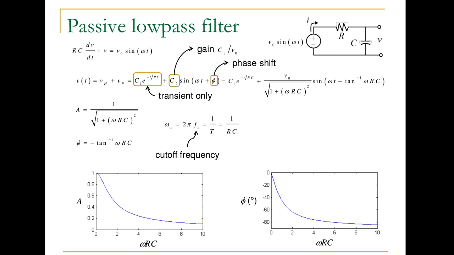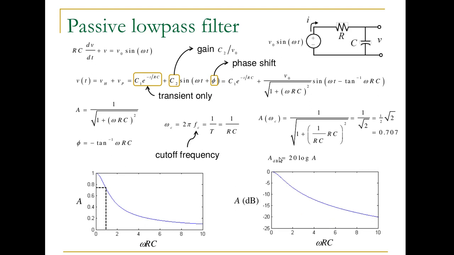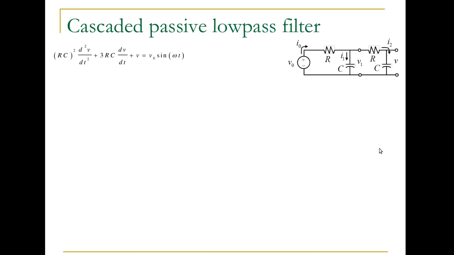Omega C is 1 over RC. If we were to want to find the gain at the cutoff frequency, we just substitute 1 over RC for omega, and again we end up with negative 3 dB. So the gain is 0.707, which in dB is negative 3.